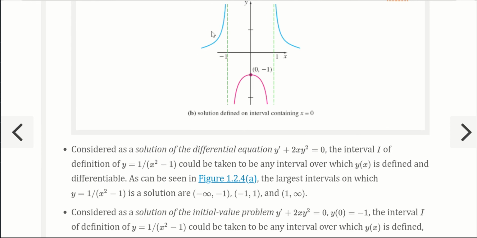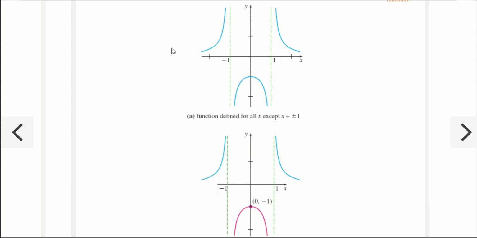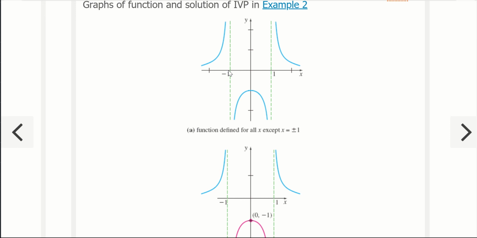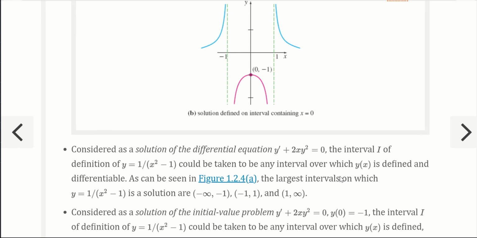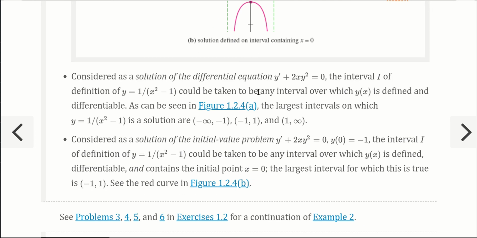We see that those intervals of definition were the three that we picked apart a moment ago. It's defined from negative infinity up to, but not including, negative 1. It's defined between negative 1 and 1. And it's also defined from 1 to infinity. So we could think of that function as a solution to the differential equation on any one of those three intervals.